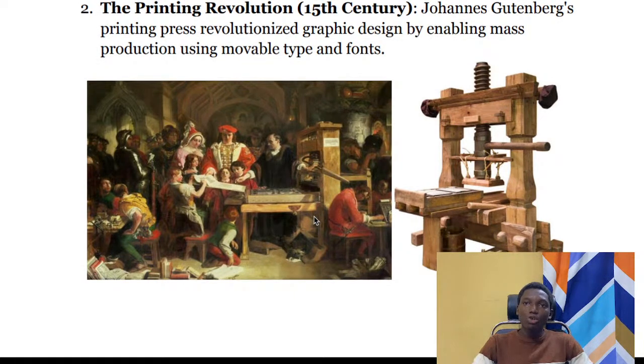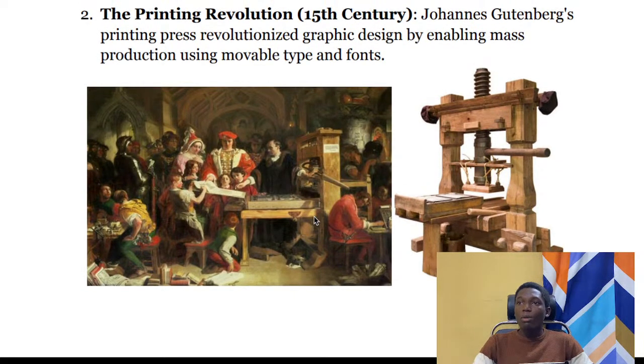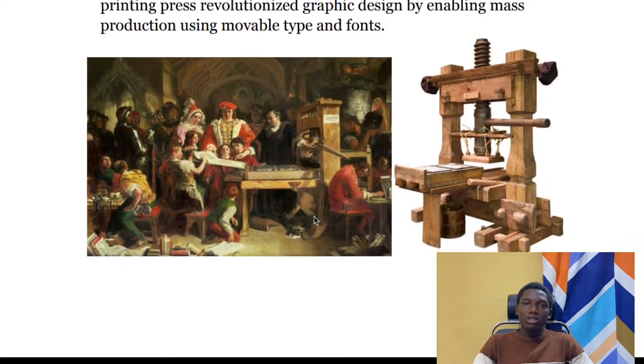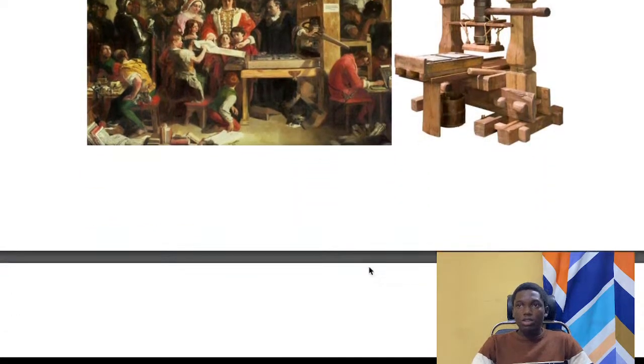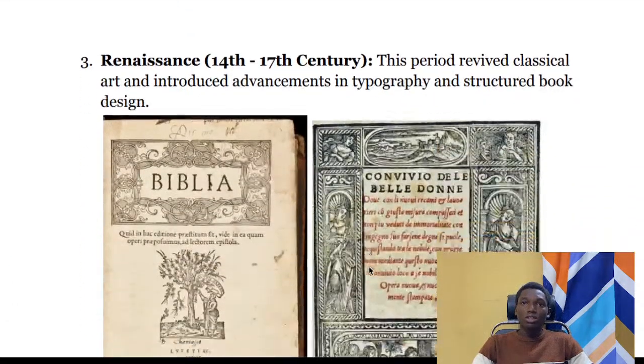So in this era, they used movable types and fonts to pass out information. There was no advancement in images or colors, but they used fonts to carry more information.